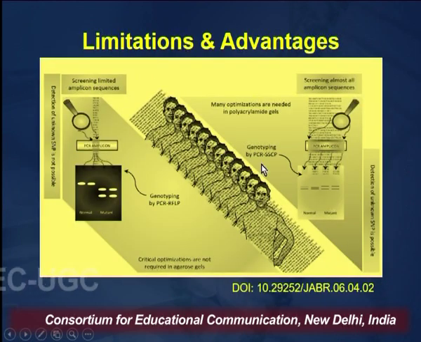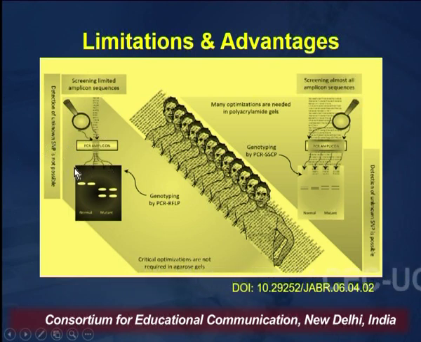So again, if we compare these two methods, the PCR RFLP method and the PCR SSCP method, there are certain limitations as well as certain advantages. So this is the PCR RFLP method. The PCR amplicons that can be analyzed by the PCR RFLP method are very much restricted. Why so? Because we require a restriction fragment length polymorphism, so there has to be a restriction site or recognition site present within the gene or nearer to the gene for doing a direct or indirect detection.